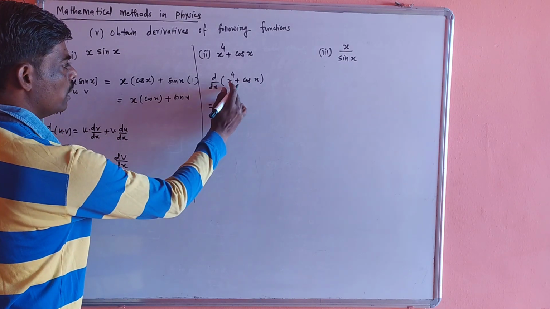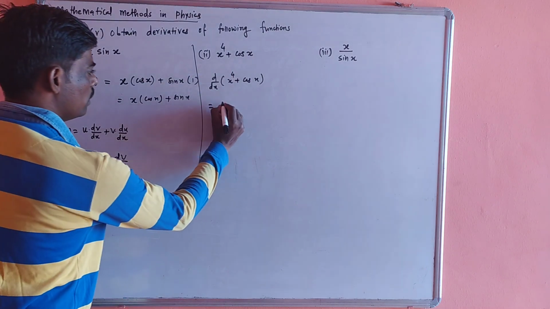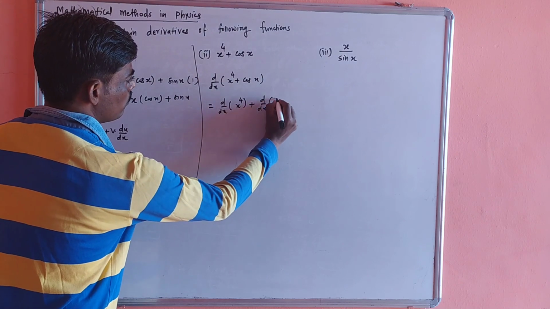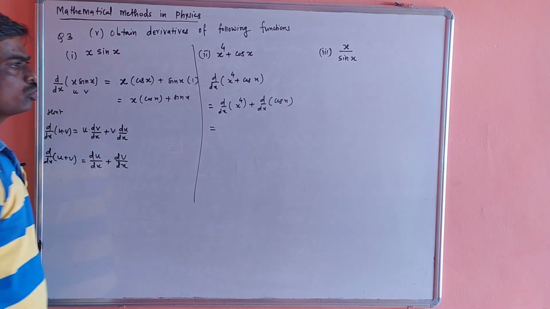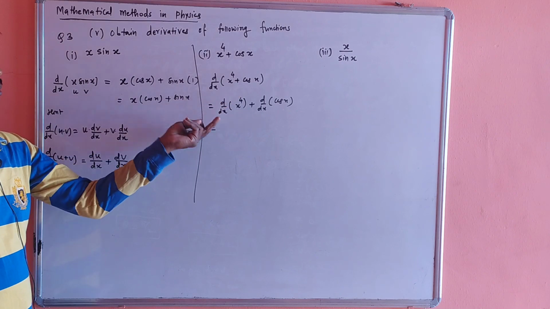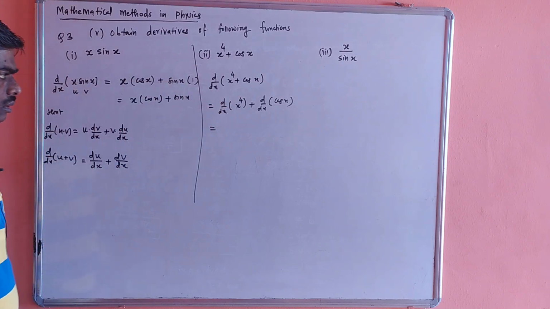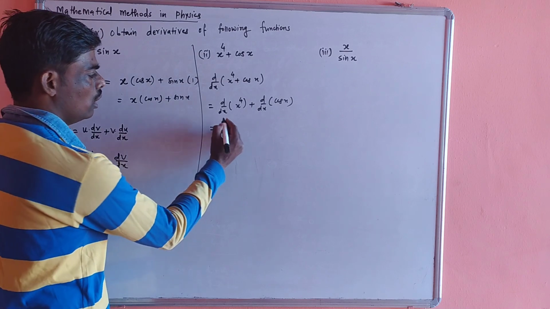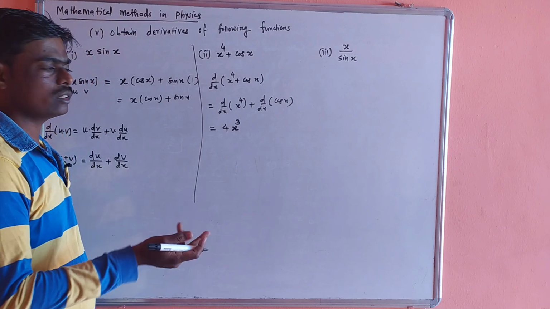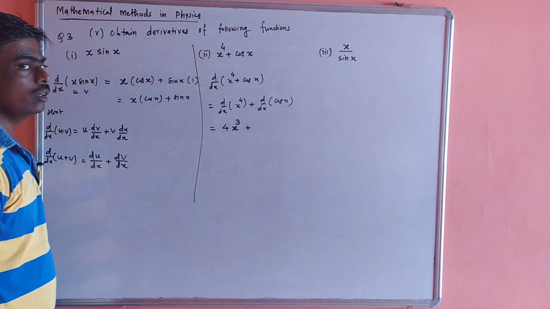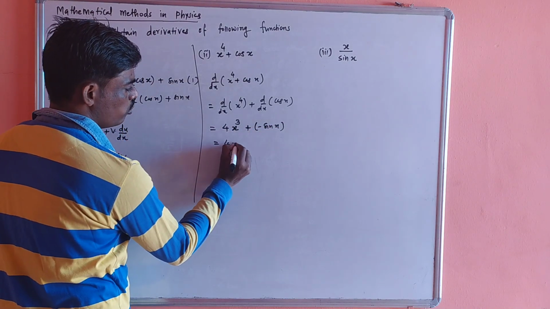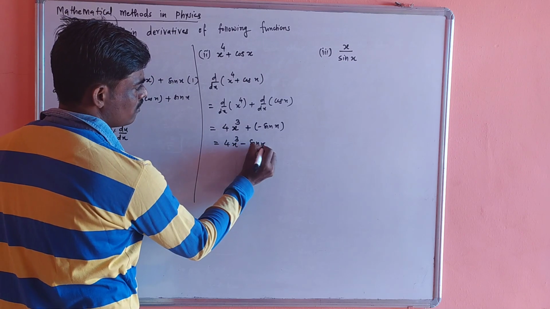So d/dx of x raised to power 4 plus d/dx of cos x. For x raised to power 4 we apply the formula for the derivative of x raised to power n. It becomes n times x raised to power n minus 1 into the derivative of x, which is obviously 1. So 4 x raised to power 4 minus 1, that is 3, derivative of x 1, plus the derivative of cos x, which becomes minus sin x. So the answer is 4x cube minus sin x.